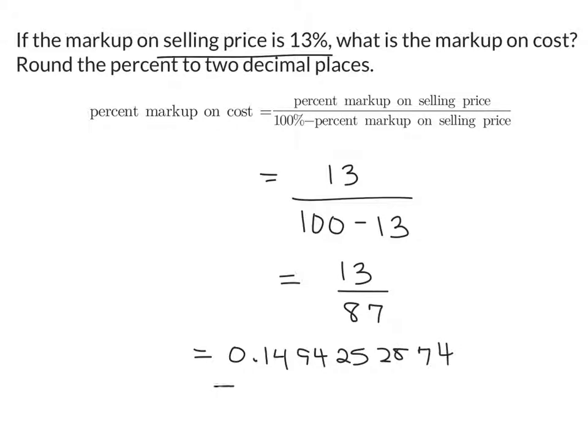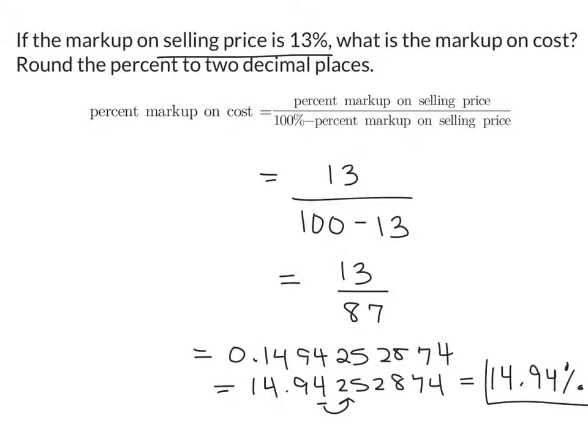And then when we write that as a percent, we have 14.94252874%, and then rounded to two decimal places, we'll get a value of 14.94%, and that is our final answer.